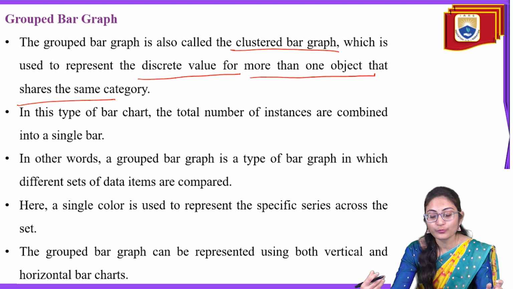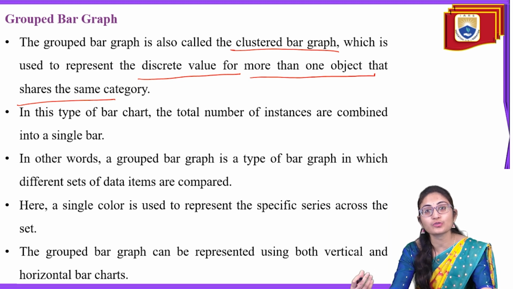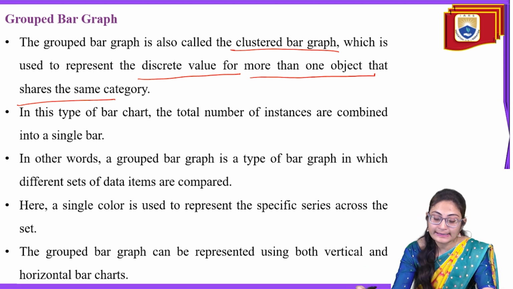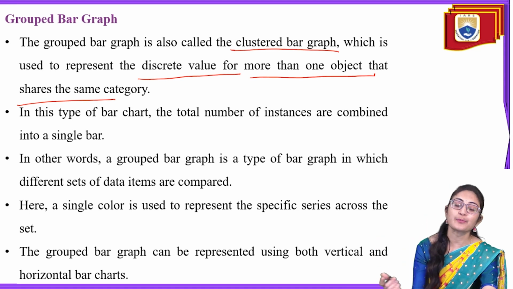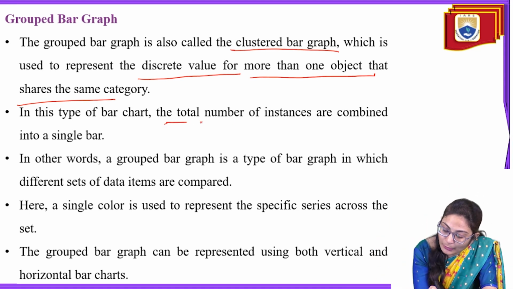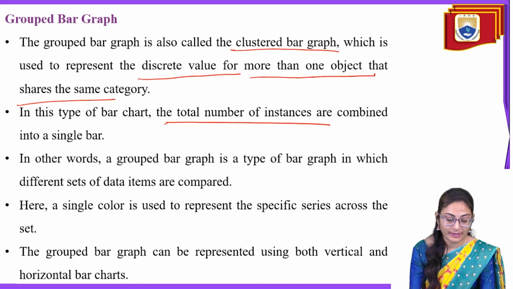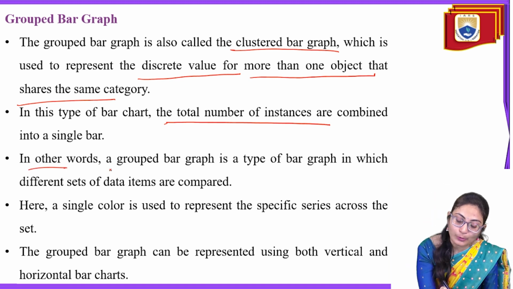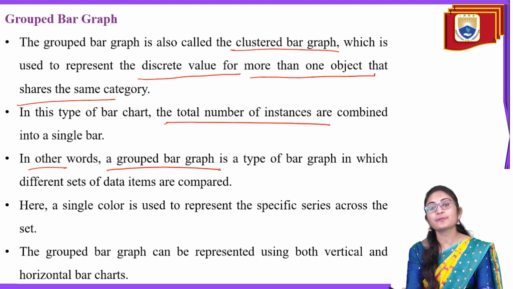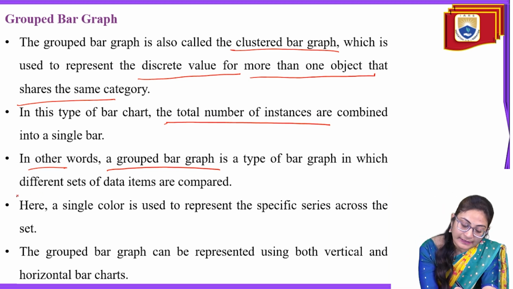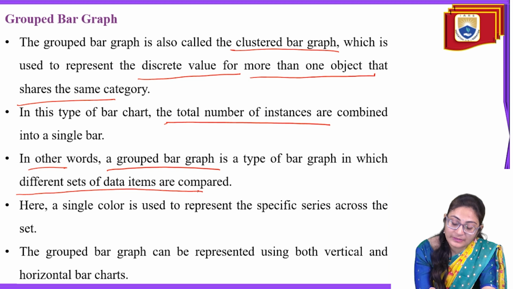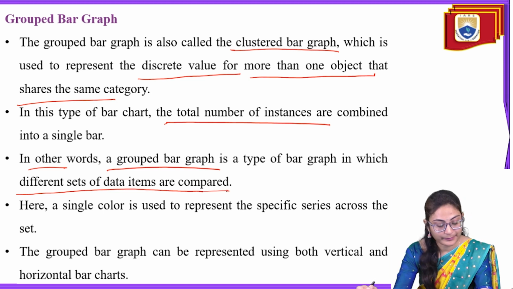This discrete value for more than one object means we can show more than one object in the same category, and in this type of bar chart, the total number of instances are combined into the single bar graph. In other words, the grouped bar graph is a type of bar graph in which different sets of the data items are compared.